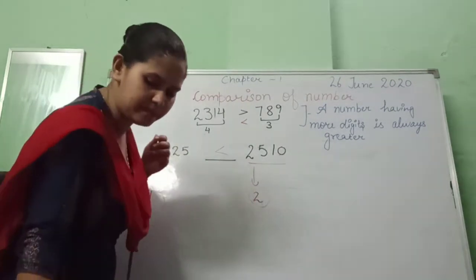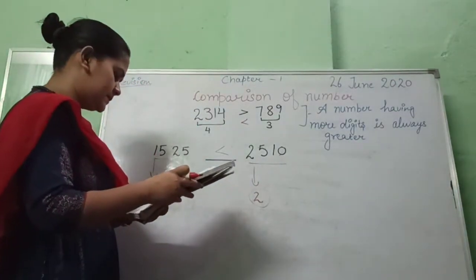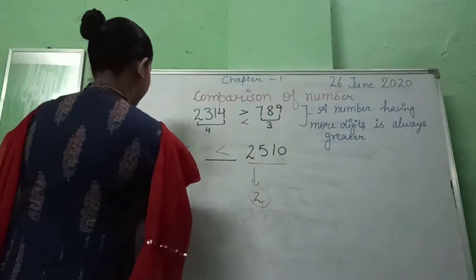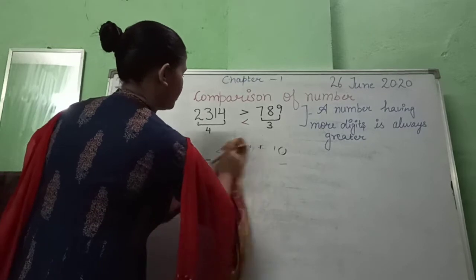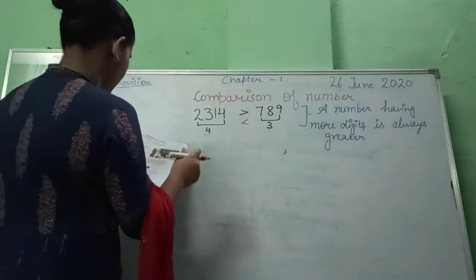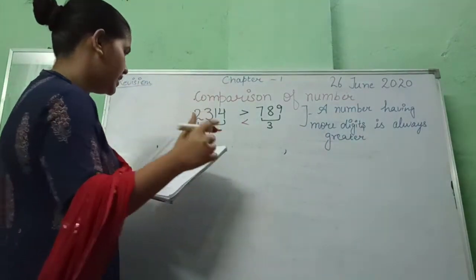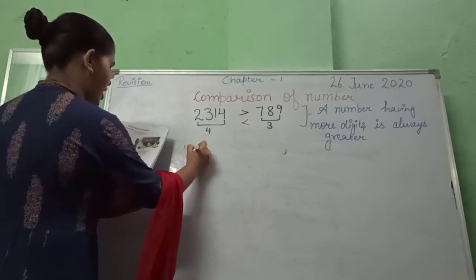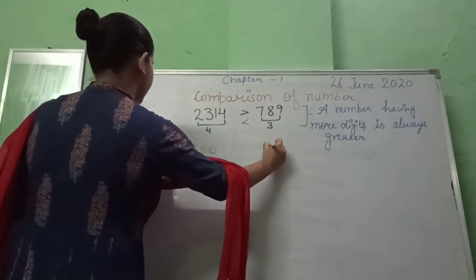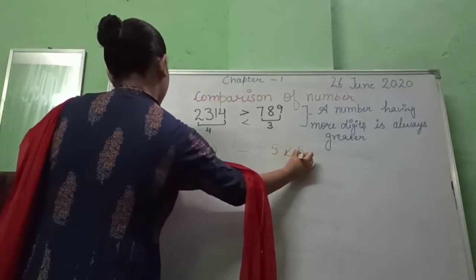But for example, I'm taking one example for you. You can see here on page number 15 there are some examples given to you, that is 5160, and the other side is 5257.